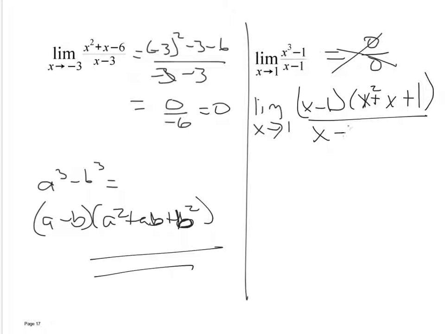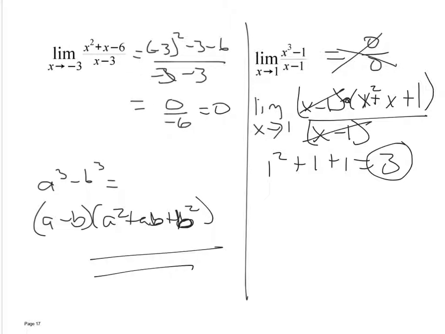And we have that over x minus 1. Now, these terms can cancel since we're talking two factors. Okay, we had two multiplied things. We can factor those and cancel them. Now, I can plug in 1 to this because I don't have any division, so I don't have any problems. So I can substitute 1 in, no problem. 3. Done.